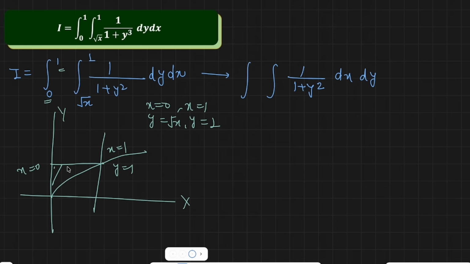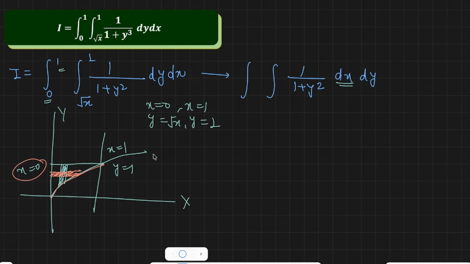So what is your region? This is your region. Now again, here it is given dy. It means a strip parallel to the y axis. So this is a strip parallel to the y axis, but I want a strip parallel to the x axis. Then what will I do? I will take this strip. Now it means my x is varying from 0 to this graph.